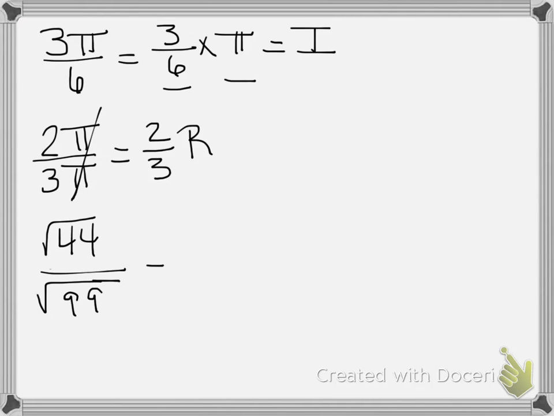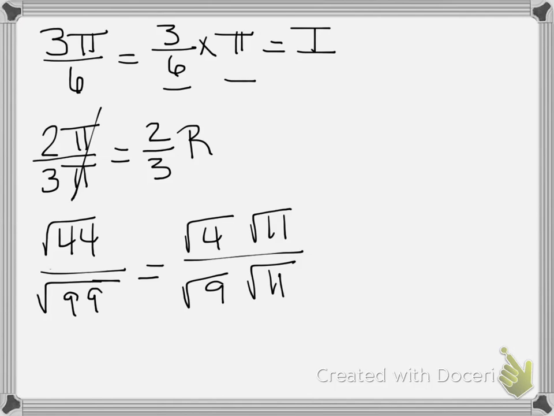Okay, so I'm asking myself, are there some perfect squares in here? Well, yes, the square root of 4 times the square root of 11. Then this would be the square root of 9 times the square root of 11. Okay? Well, we see here that the square root of 11 cancels out, and you're left with the square root of 4 over the square root of 9.